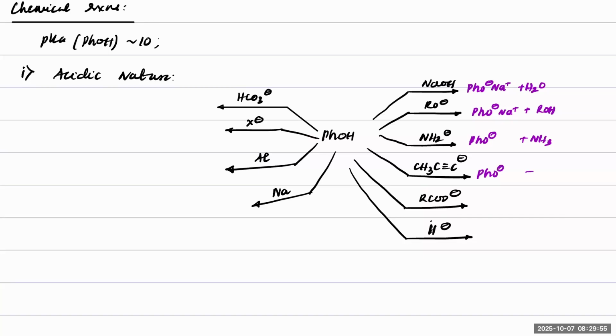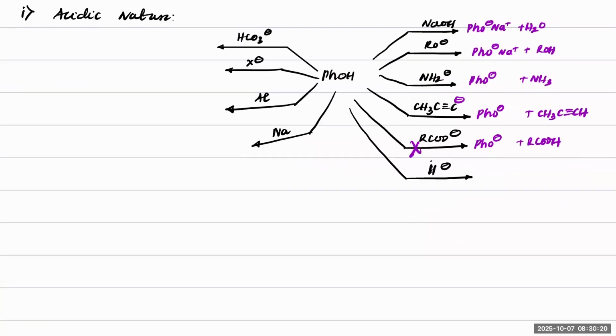Sorry, here it should have been C minus only, so that will convert into CH3, C triple bond CH. So this is forming. Now here you are expecting this to form this and RCOOH, but RCOOH is a stronger acid, so this reaction will not take place. With H minus you get PhO minus plus H2, so this reaction will take place.